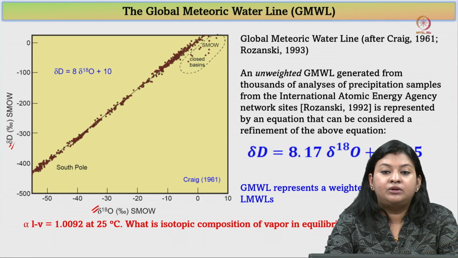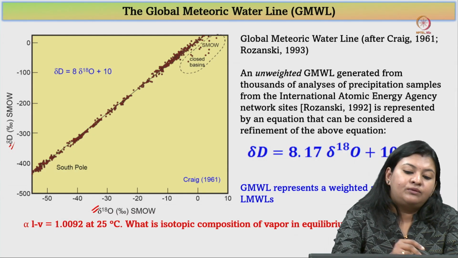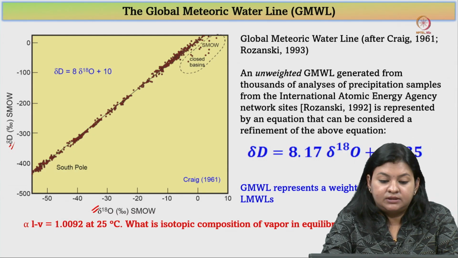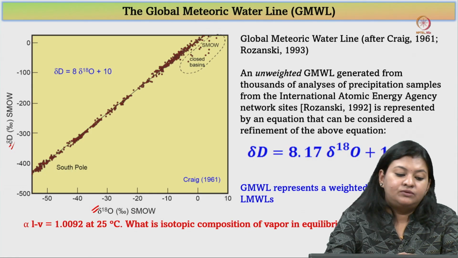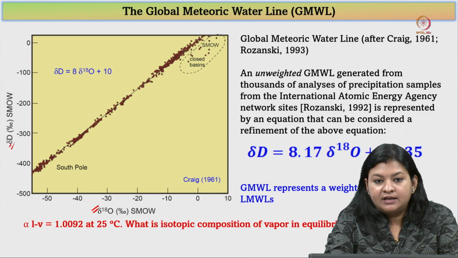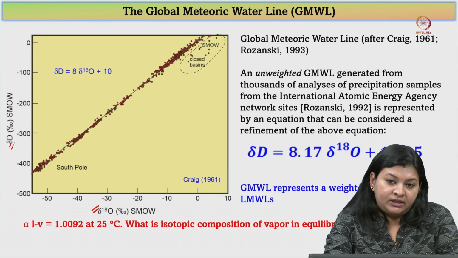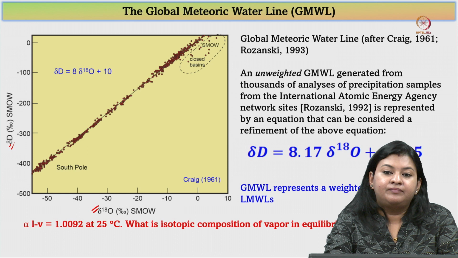So these are all meteoric waters, that is rainwater. You see there is a very strong correlation between the δ¹⁸O and the δD, and this is one of the very remarkable correlations that naturally exists.